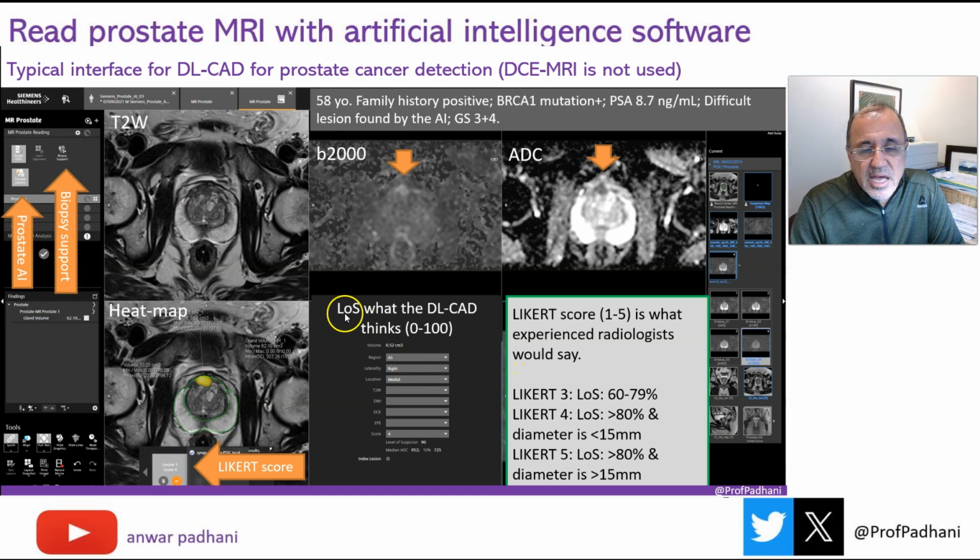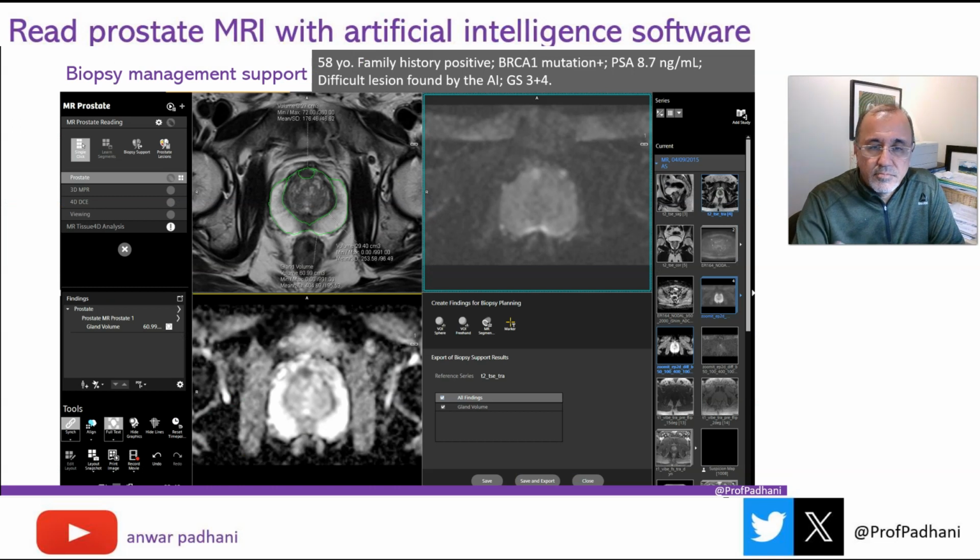Here you'll see the LOS, given here, level of suspicion, and level of suspicion is from 1 to 100, and here it says a score of 4. So a score of 4 is a level of suspicion of more than 80%, and the lesion diameter is less than 15 millimeters.